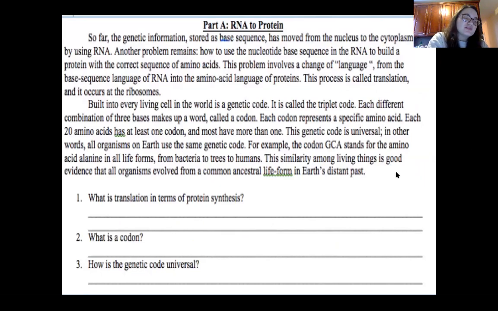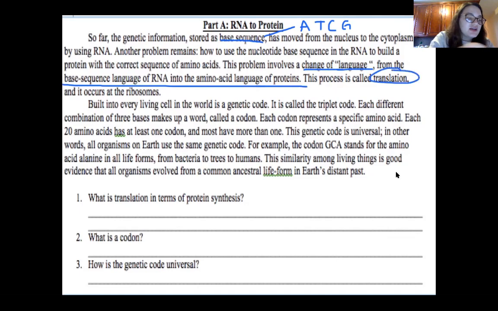Keep in mind that when we say base sequence, we are talking about A, T, C, and G. Another problem remains: how to use that nucleotide base sequence in the RNA to build a protein with the correct sequence of amino acids. This problem involves a change of language from the base sequence language of RNA to the amino acid language of proteins. This process is called translation, and it occurs in the ribosomes.